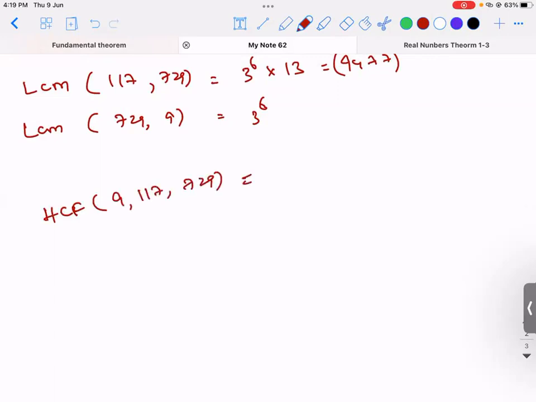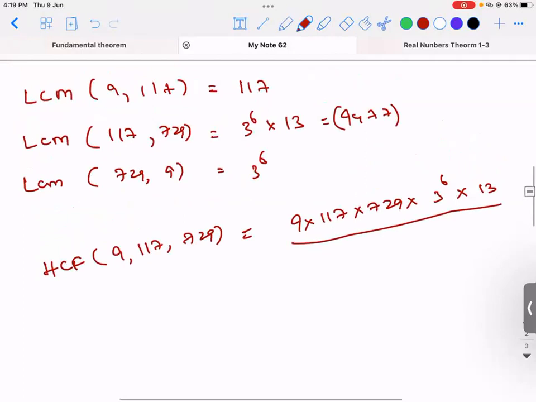What is it? A into B into C, that is 3 power 6 into 13, that is what the LCM is, divided by LCM of A and B, that is 117, into LCM of BC, so 3 power 6 into 13, into LCM of CA, which is 3 power 6.